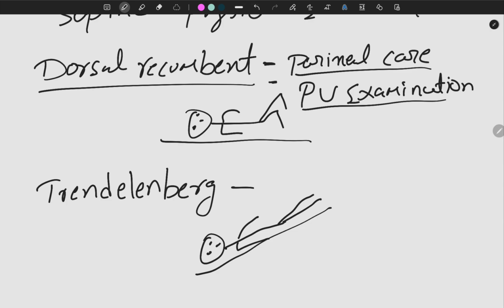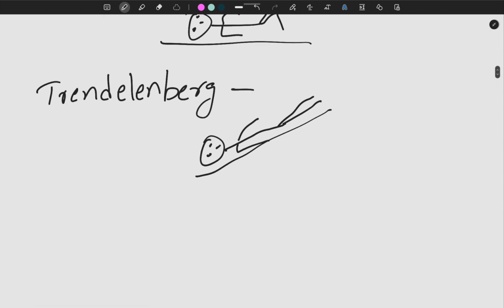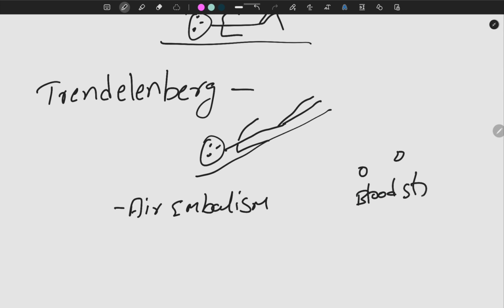Commonly we use this Trendelenburg position for air embolism. Air embolism is when air bubbles enter the bloodstream, and when they reach the brain, we use this Trendelenburg position.